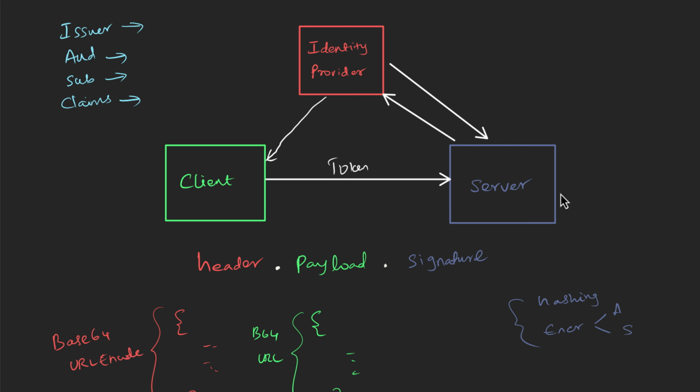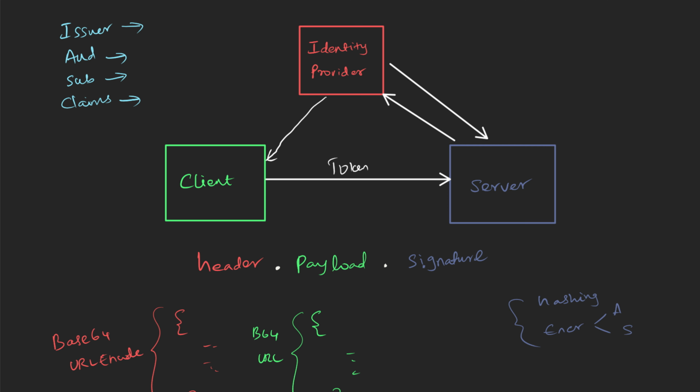Servers that trust this identity provider will have a copy of the public key, and it can use that public key to decrypt this signature, because with the private key, the identity provider will encrypt the header and payload, and with the public key, the server is going to decrypt this part and compare that with the header and payload.